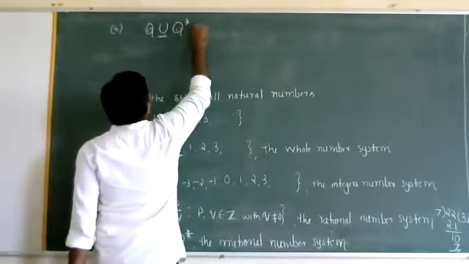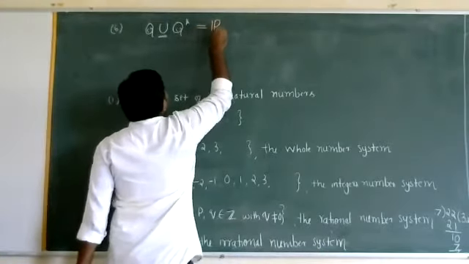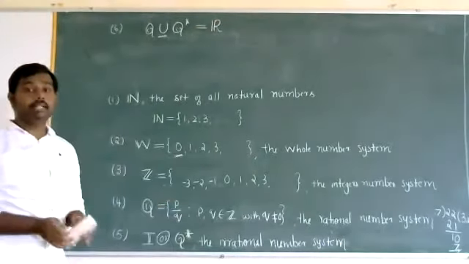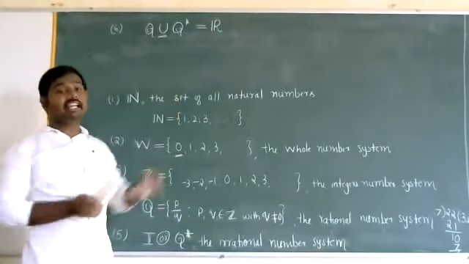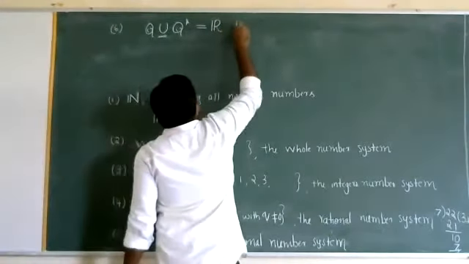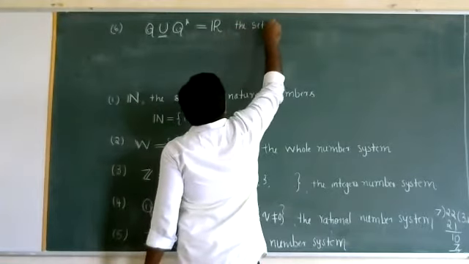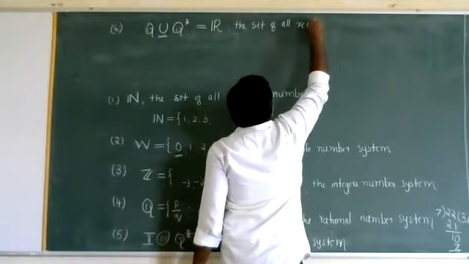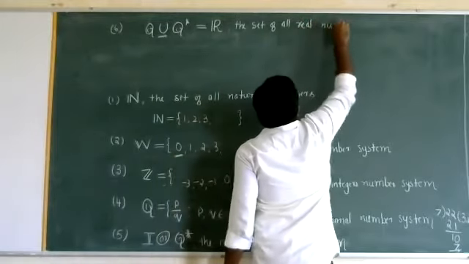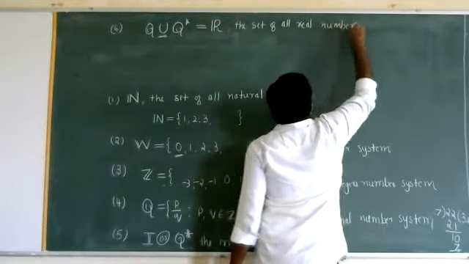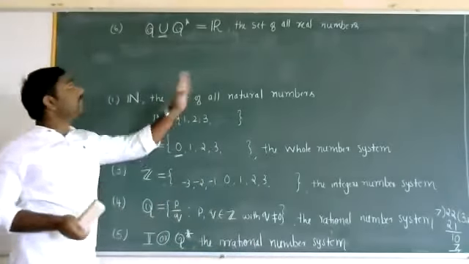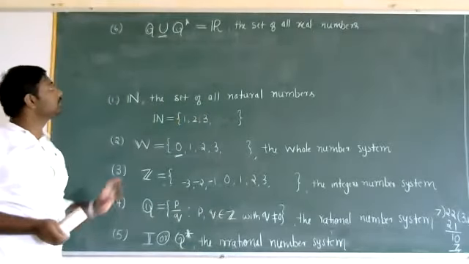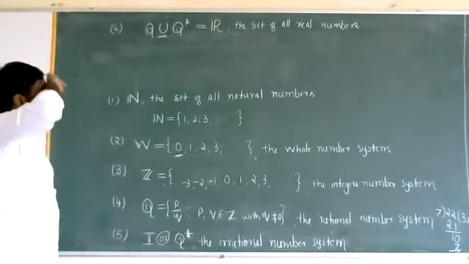If I combine both the sets, I get a new set of numbers which is called the real numbers. R is the set of all real numbers, or we can call it the real number system.